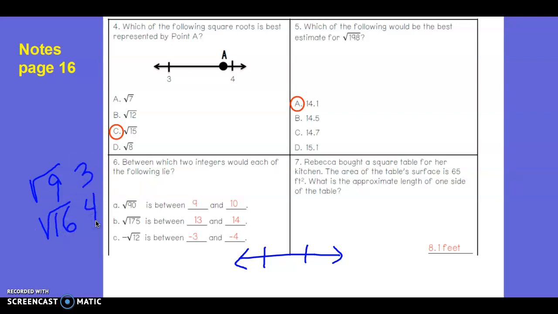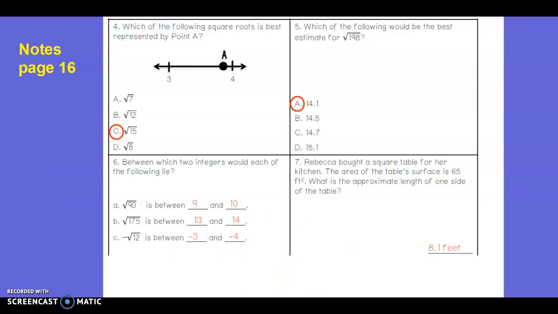Now, if we're talking about negative numbers, in between the negative square root of 9 and negative square root of 16, that means it's in between negative 3 and negative 4. And remember that, again, the numbers get bigger as you go to the left. It's just that it's a bigger negative number. So this is negative square root of 9, negative square root of 16. So the negative square root of 12 is in between negative 3 and negative 4.